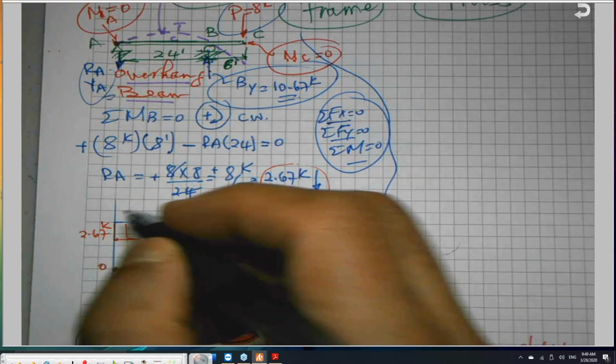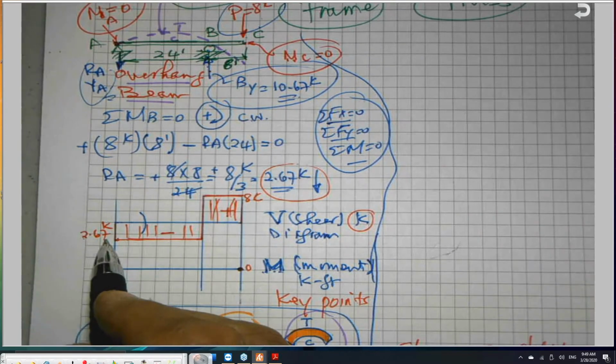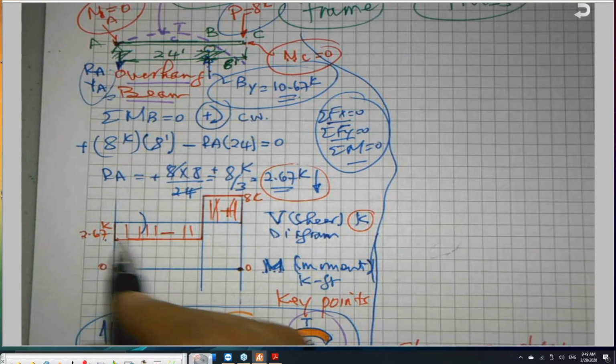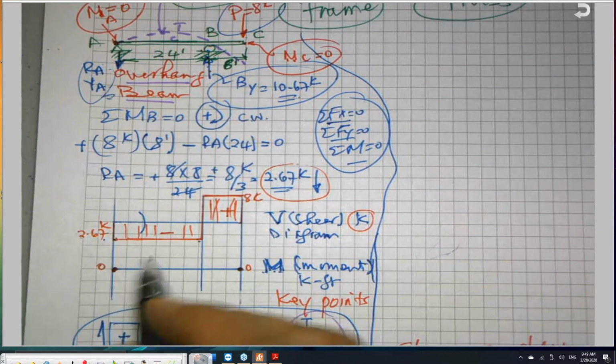Let me calculate this area, by the way, the area under the shear. 2.67, which is the height, times 24 feet, which is the distance. This will give you an area.